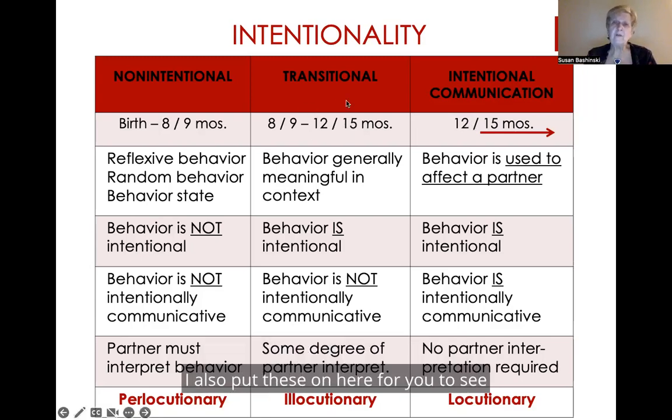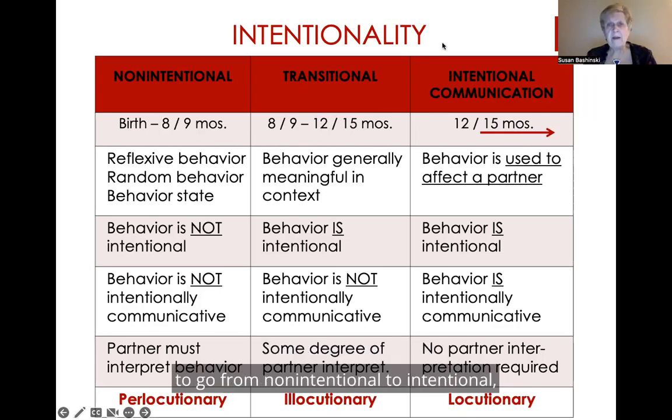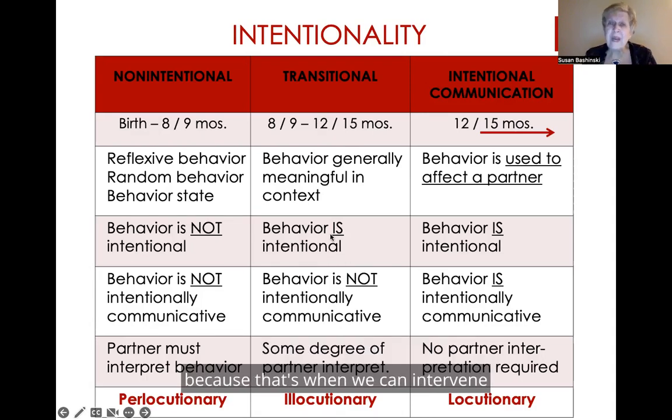I also put these on here for you to see how short this transitional stage is when kids start hooking it up and connecting the dots to go from non-intentional to intentional. But we have to pay attention to when only the behavior is intentional, even if it's not intentionally communicative, because that's when we can intervene and help shape the intentionality and move the behavior over here.